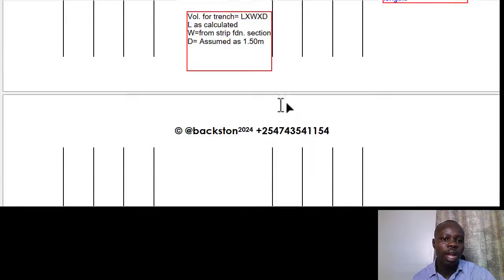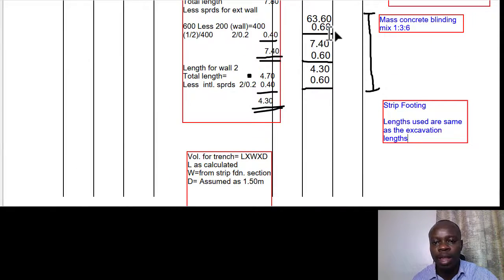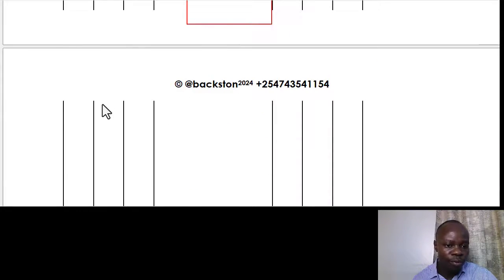The same lengths are going to be used. This is the external trench at 63.6, internal is 7.4, and the other internal is also 4.3. So we go ahead and enter the dimensions just as we've seen in that particular point. So 63.60, okay, so that is what we have, one of them.